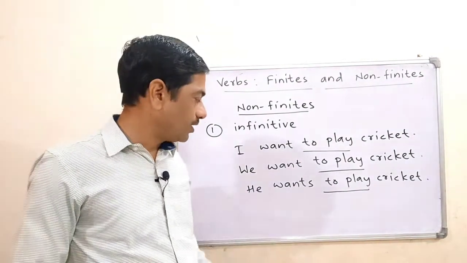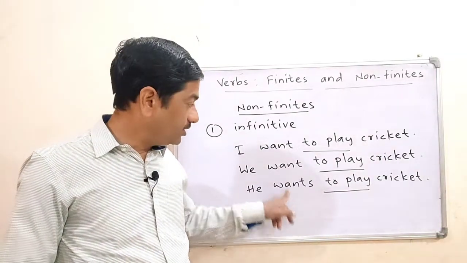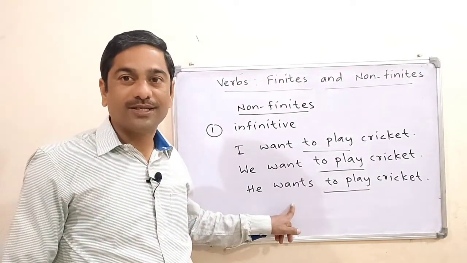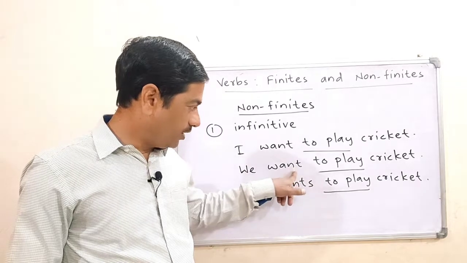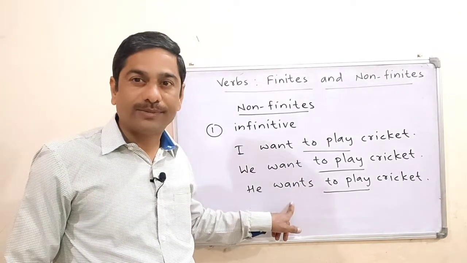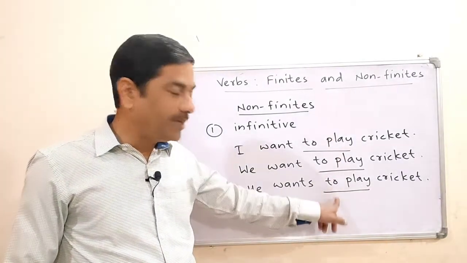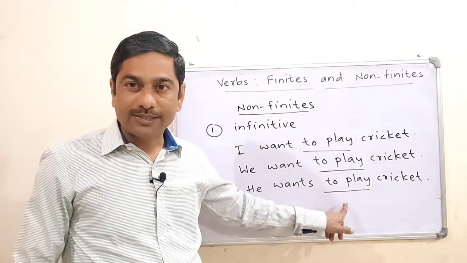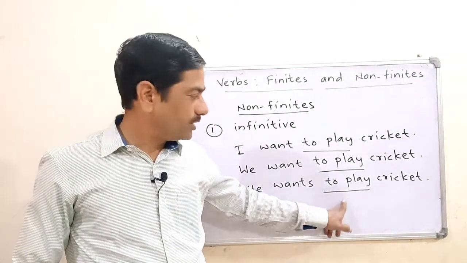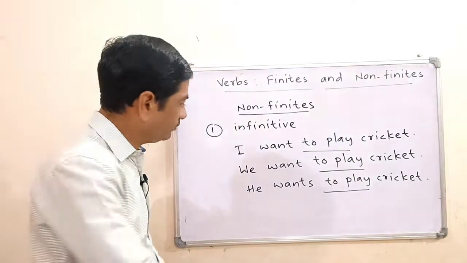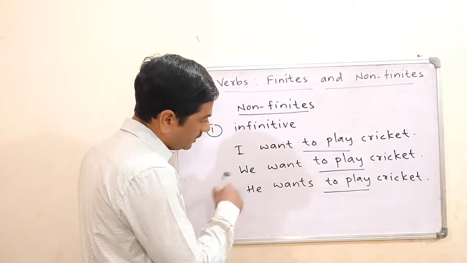But look at this sentence. There is a change in want, wants. So want and wants are finite verbs, and to play is non-finite and the subtype is infinitive. Now we'll change the tense.